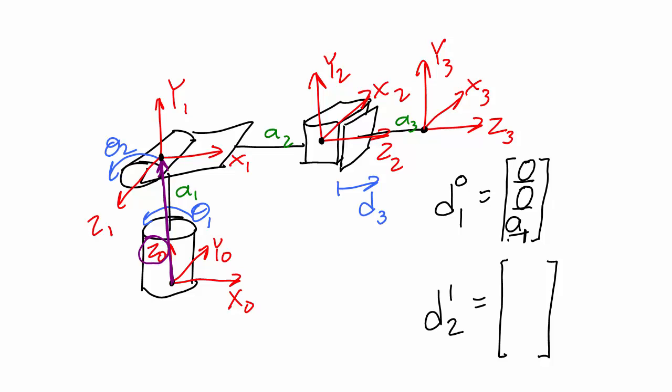Right now, it appears that the displacement from frame 1 to frame 2 is a distance of A2 in the x1 direction. But it turns out that this is not correct. The reason why this is not correct is because this will not be true when theta 2 becomes a value other than 0. Suppose that theta 2 was a value of 90 degrees.